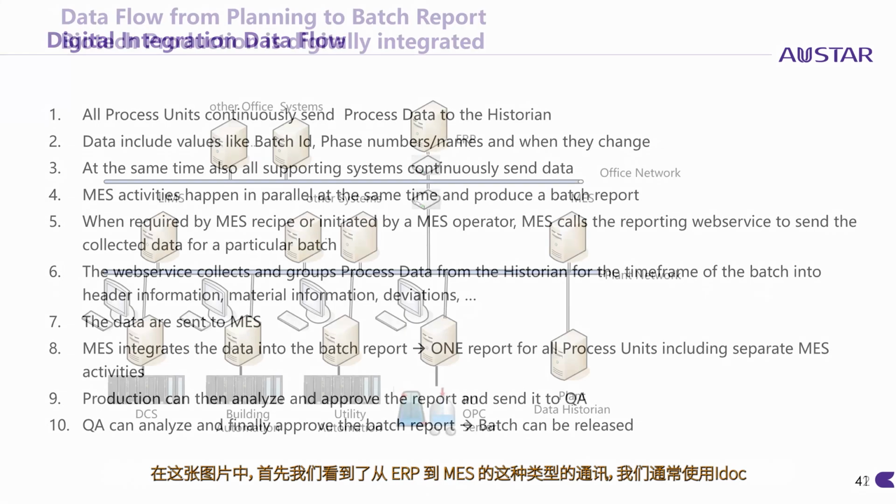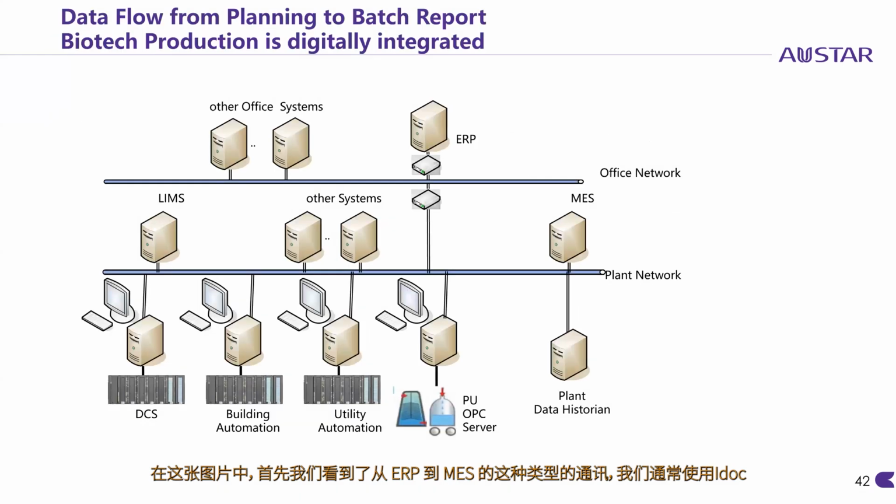I'd like to put this in a picture. First, we see these types of communication from ERP to MES. We typically use something called iDocs if the ERP is from a brand called SAP.